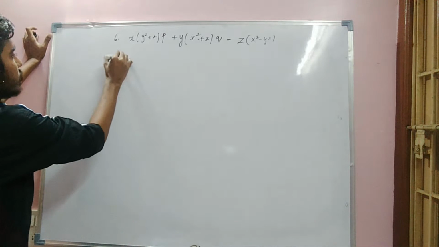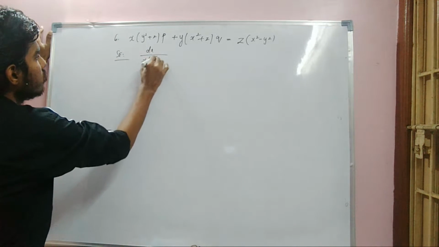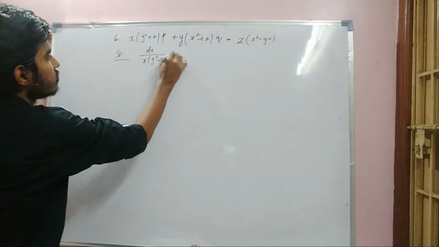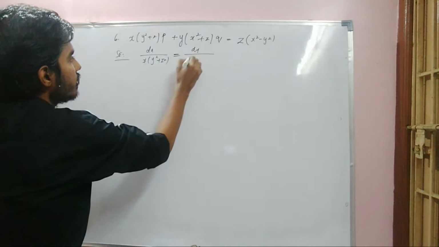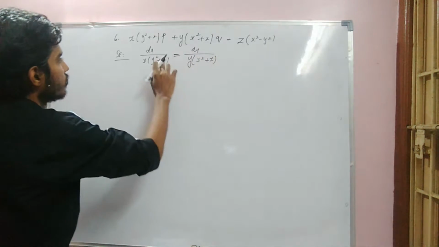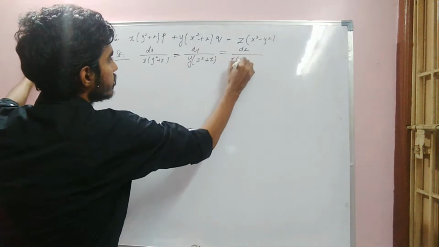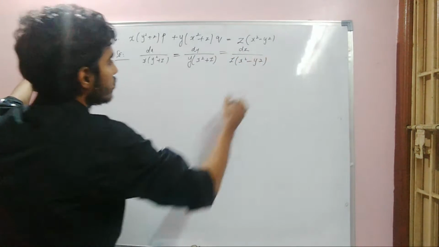So first we will write the subsidiary equation. So it is dx divided by x into y square plus z square is equal to dy divided by y into x square plus z square is equal to dz divided by z into x square minus y square.